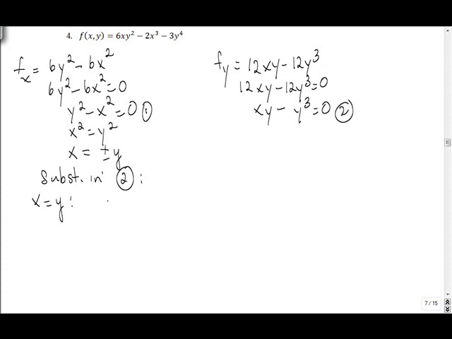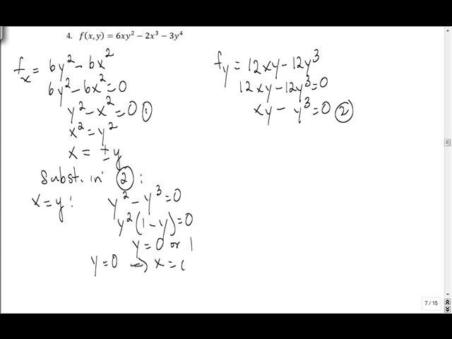We get y squared minus y cubed is 0. Factor out y squared: 1 minus y is 0. So y is 0 or 1. But remember, x is y, right? They have the same coordinates. So y is 0 implies that x is 0. y is 1 implies that x is 1.